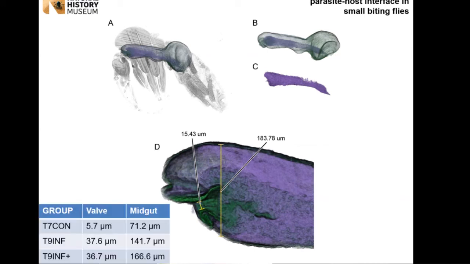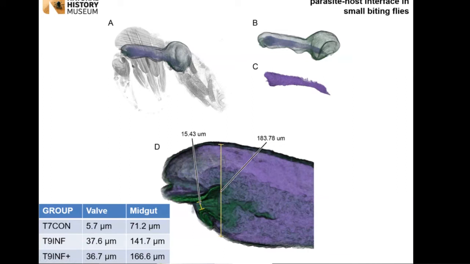Just for comparison here, the control fly, the valve was either completely shut or around an average of 6 micrometers open. The midgut was around 70 micrometers, whereas there wasn't in this case much impact of the second non-infectious blood meal.